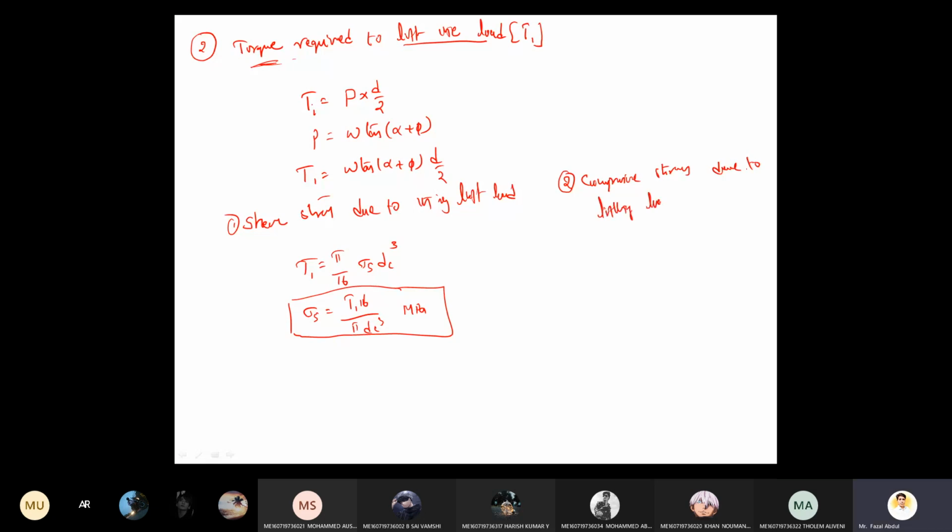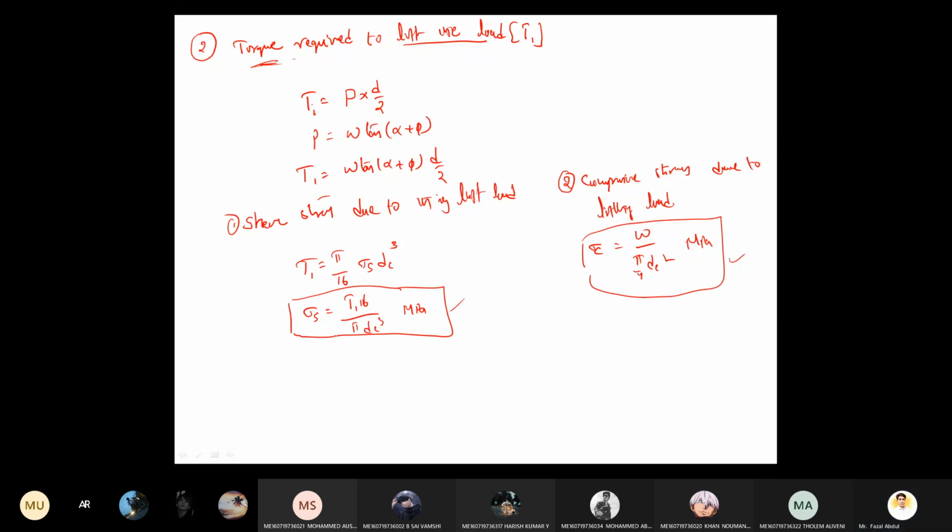Compressive stress means, by the general equation, load by area. Area means pi by 4 into Dc square. So the answer we get is in terms of megapascal. We calculated this one. Shear stress due to lifting load and compressive stress due to the lifting load, these two we calculated.